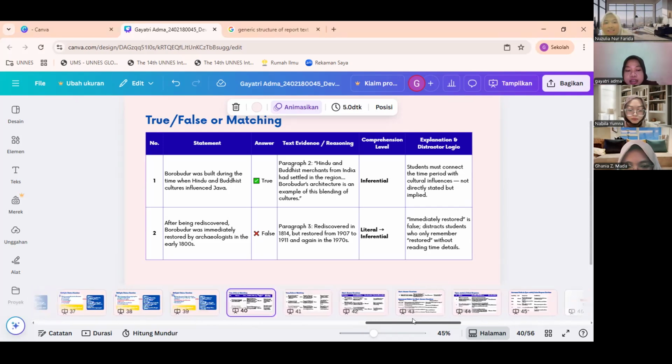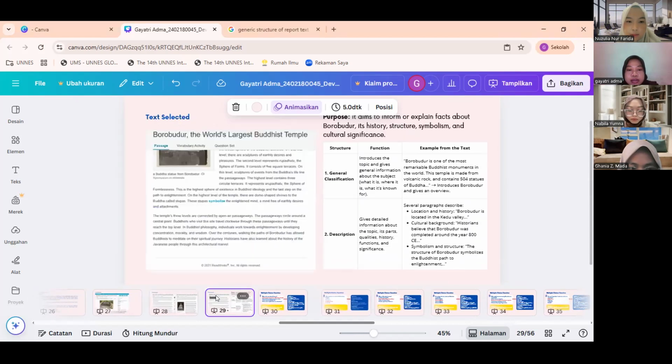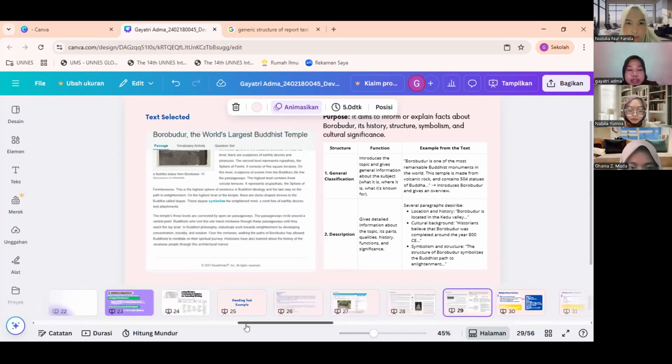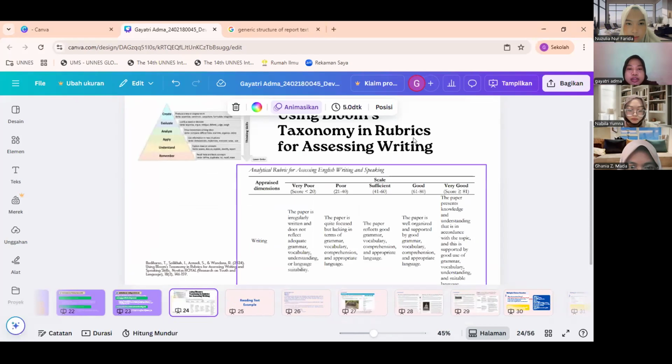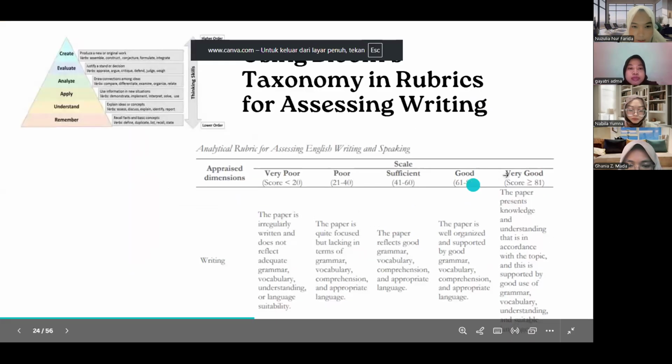For the writing, actually, I have attached the Bloom taxonomy in the previous meeting. Nuzulia, can you make it bigger? Yeah, this one.